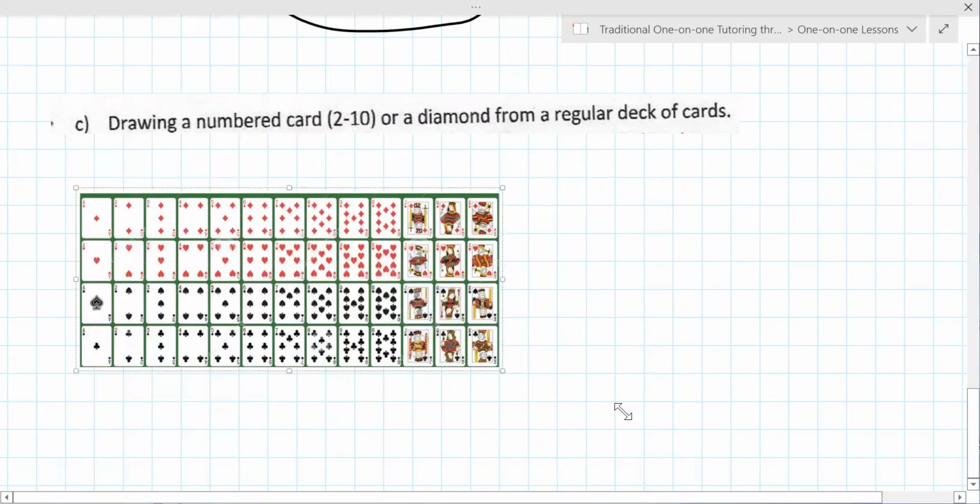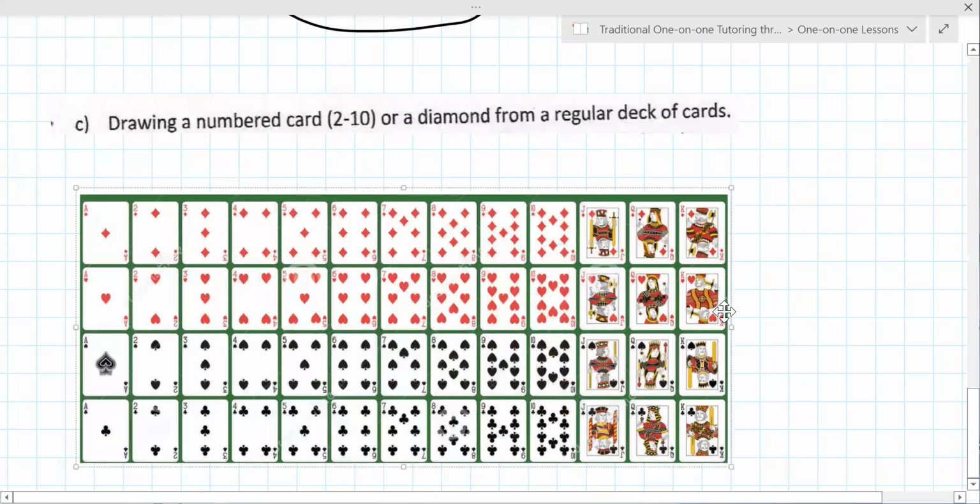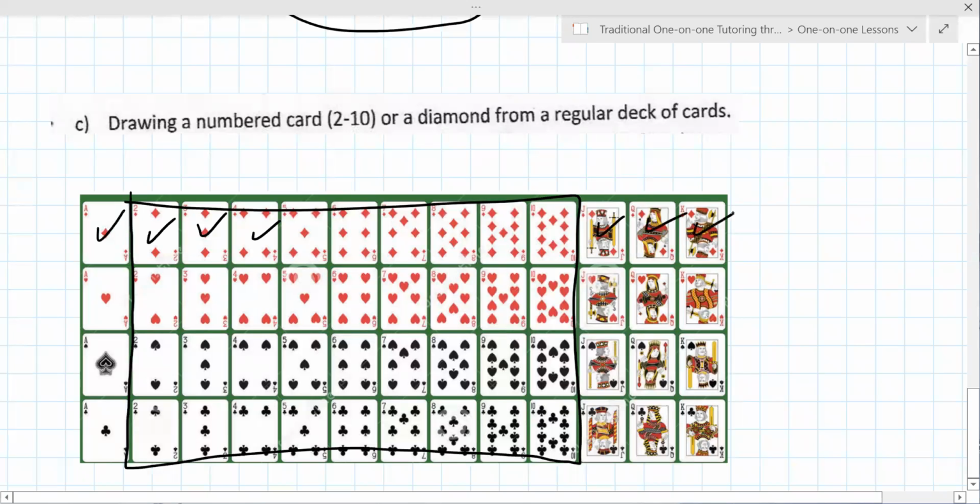Okay, so you're looking at cards 2 through 10. You can either count them or put check marks, but you're looking at 2 through 10. So basically all of these in this grouping, and you could check, but that takes a while. And then or a diamond. So there's another diamond, another diamond, another diamond, number diamond, like that. So you could literally count.